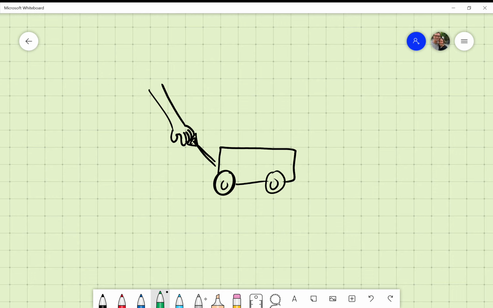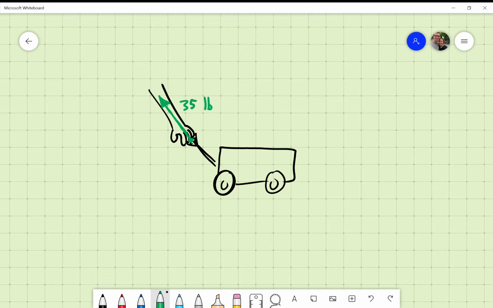I'm going to pull on the cart, and I'll show what the cart is experiencing for those who know what I'm talking about when I say that. The cart is experiencing my pulling force, and we have to label it. Maybe it's 35 pounds.